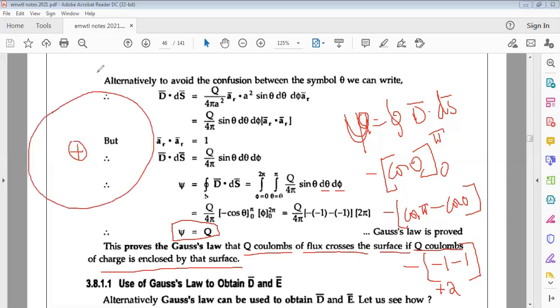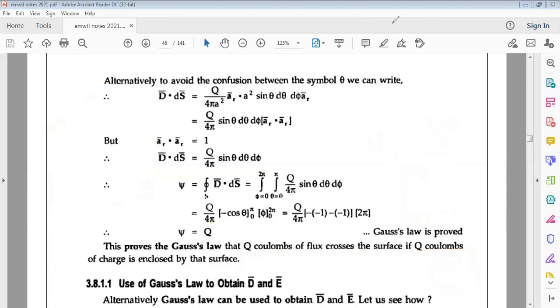The flux lines leaving the surface are equal to the charge enclosed inside. So psi is equal to Q.